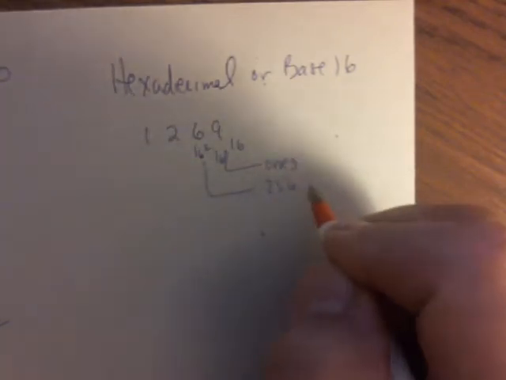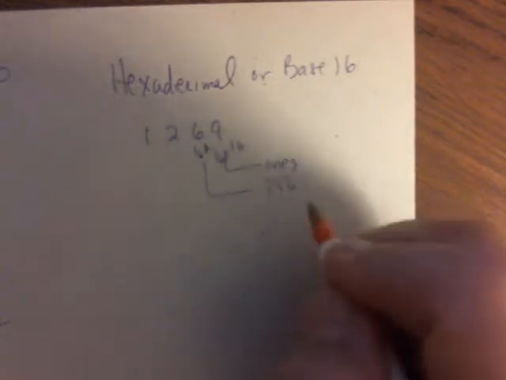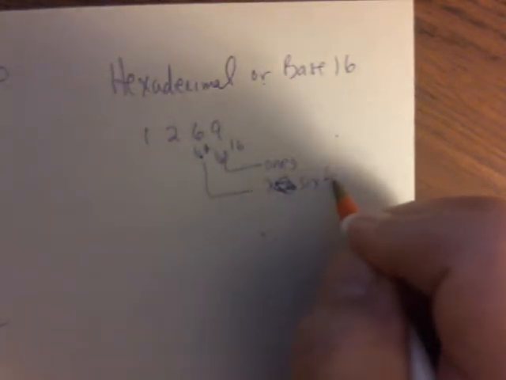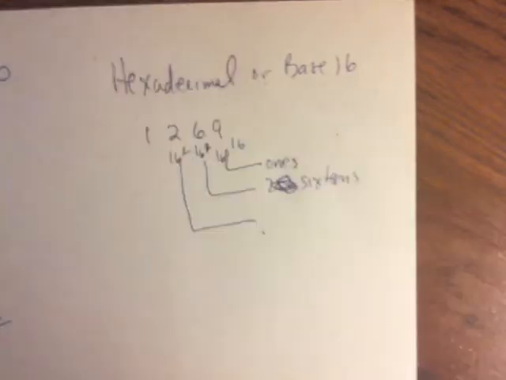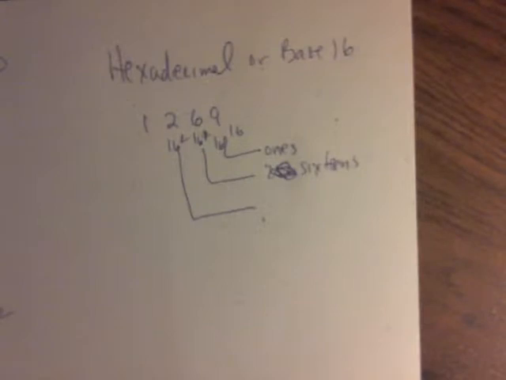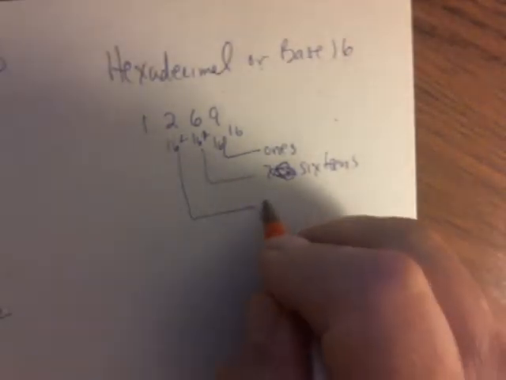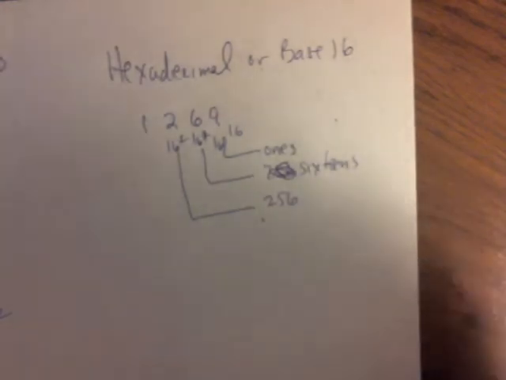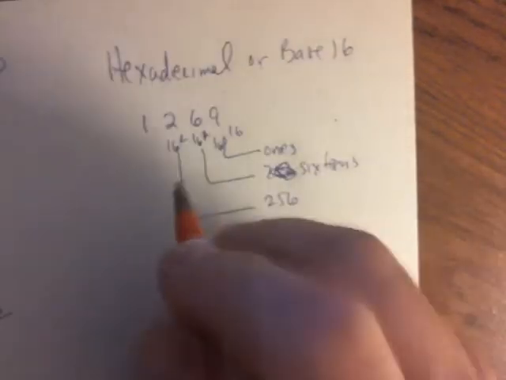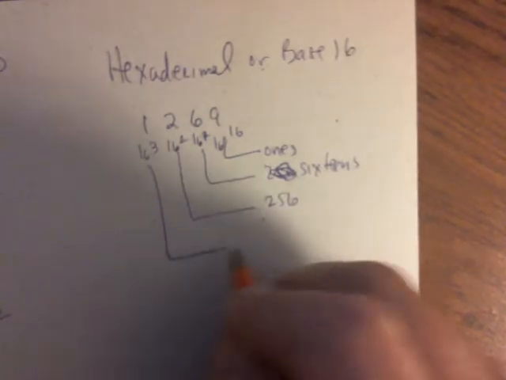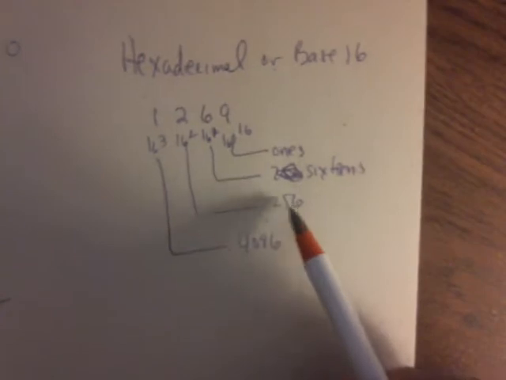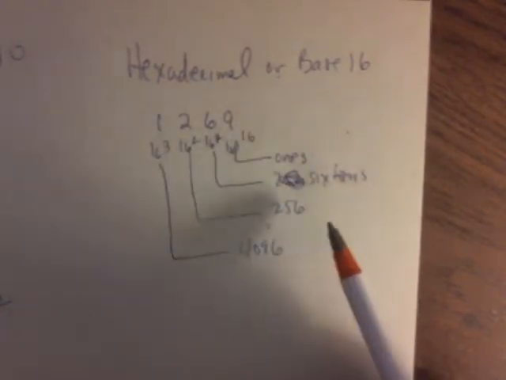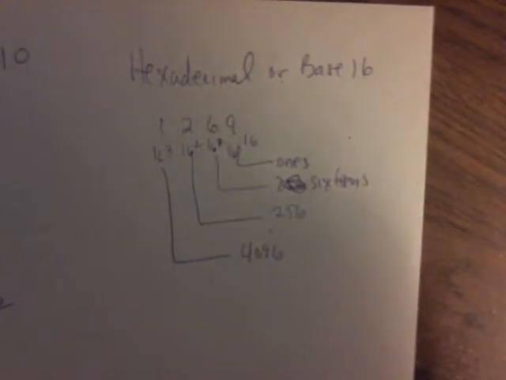This one here is 16 to the first, the 16s. Then your 16 squared, which is your 256. And I'm going to write these out just because it gets too long. 16 cubed stands for 4096. And all these numbers I'm writing here are what these would be in base 10, in our number system. And that's how we can convert, which I'm going to show you shortly.